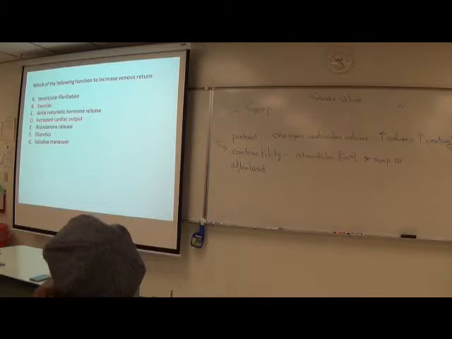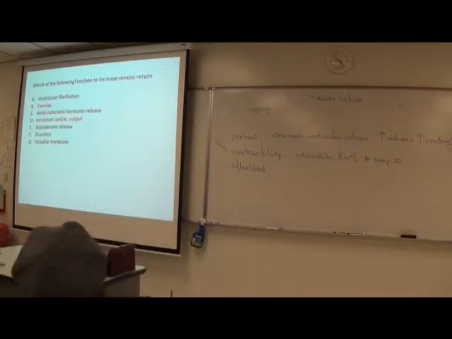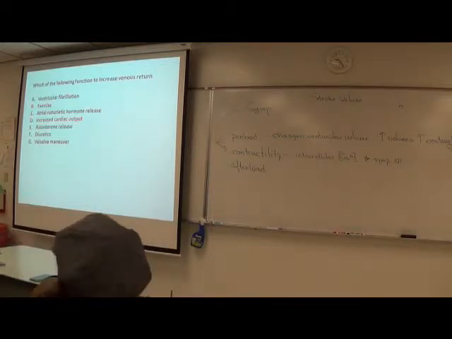So with increased sodium reabsorption, what's going to happen to water? We're going to increase water because it's going to follow the sodium back into the blood instead of out in the urine. So as water goes back into the blood in the kidneys, we're going to increase venous return because we're increasing overall blood volume. So that's the opposite of a diuretic.